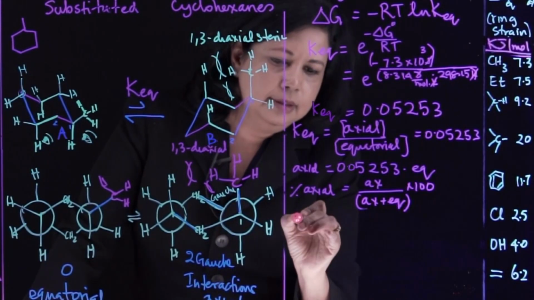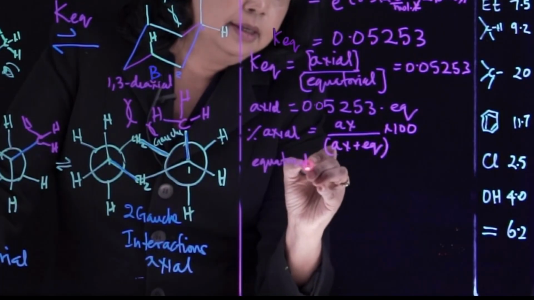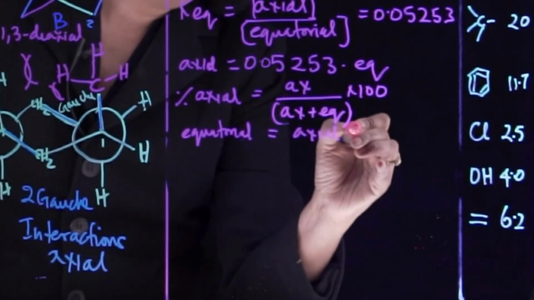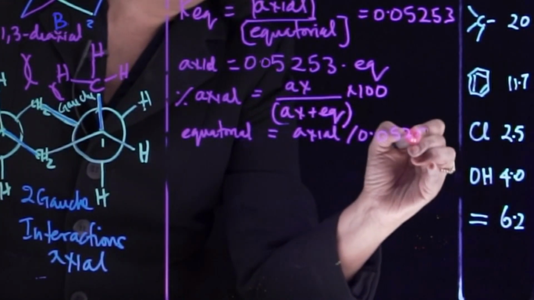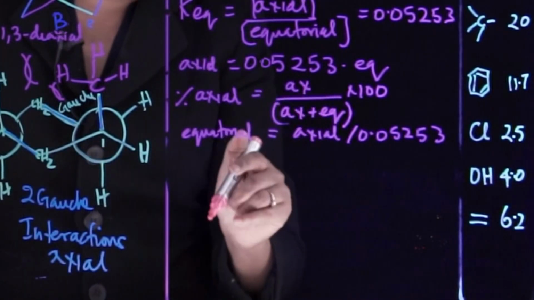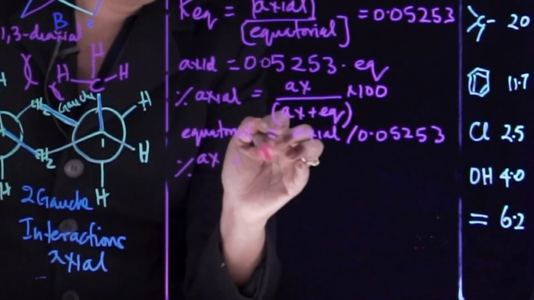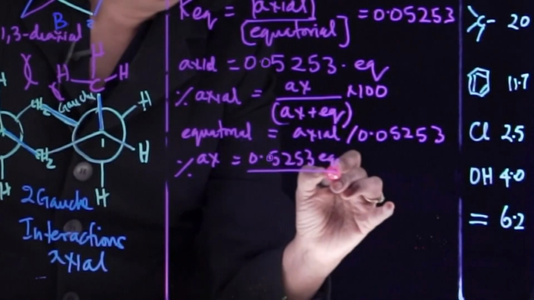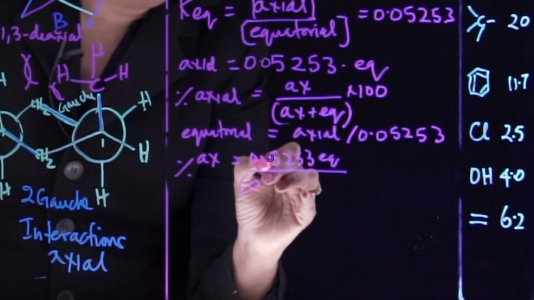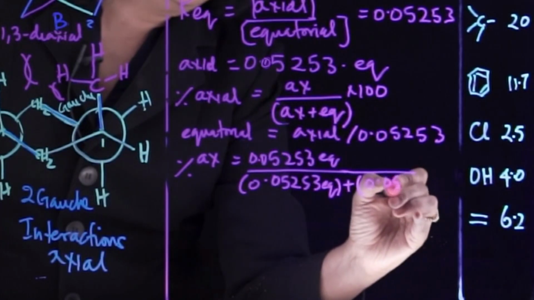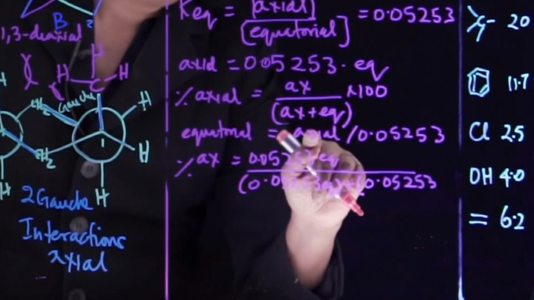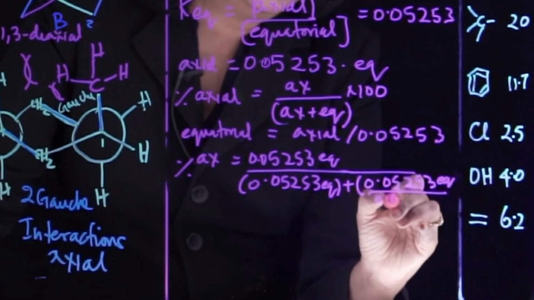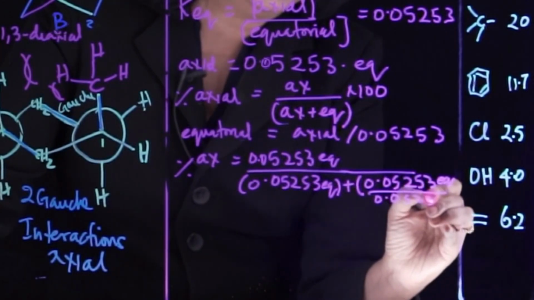And equatorial is axial over 0.05253. So substituting these over here, percentage axial is going to be 0.05253 equatorial divided by 0.05253 equatorial plus equatorial.